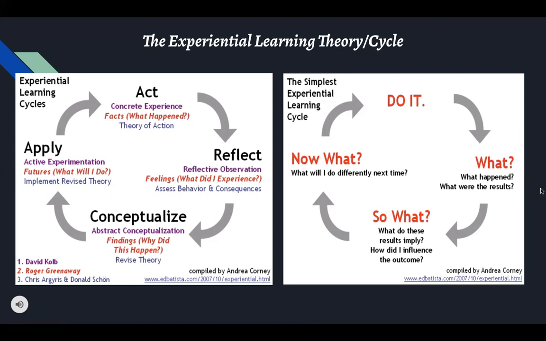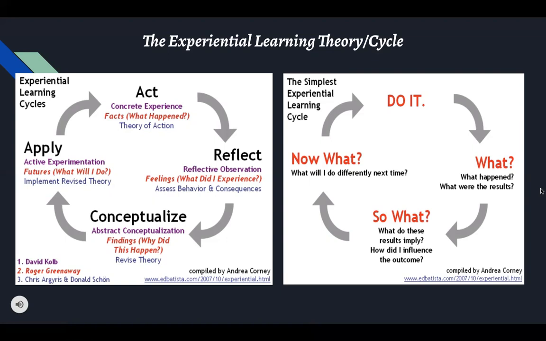The next part would be conceptualize, okay? So it's that abstract conceptualization that we had talked about in the previous slide, where you have certain findings after you had experienced that concrete experience, then you understand that you have feelings associated with that, and now we have those certain findings, right? So why did this happen? We're trying to conceptualize, understand, break it down. Why did this happen, okay?